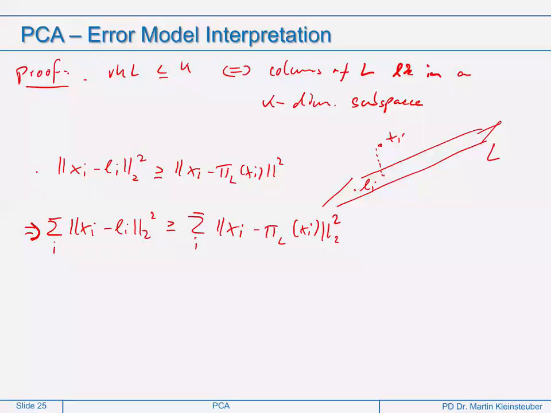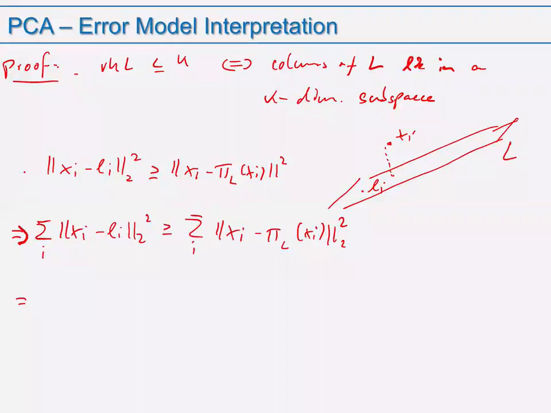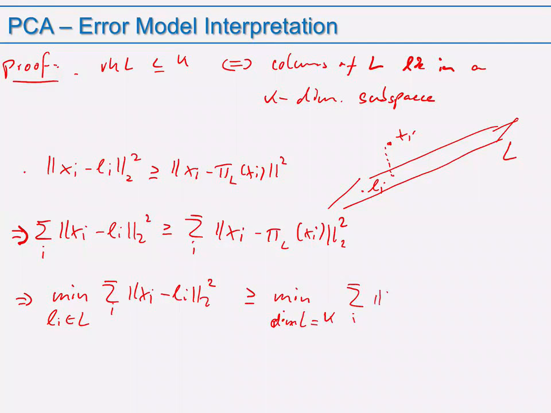So this means that the minimum for Li lying in some low-dimensional subspace L of the sum over i of the norm of xi minus Li squared is greater or equal to the minimum over L with dimension k of the sum over i of the norm of xi minus the projection onto one of these subspaces, squared. Right?